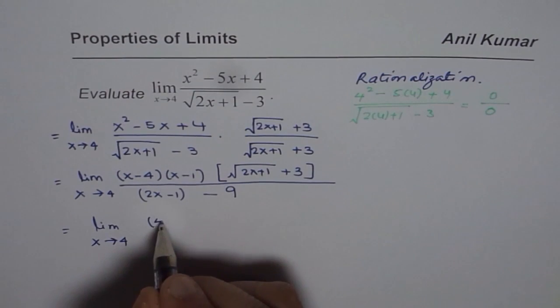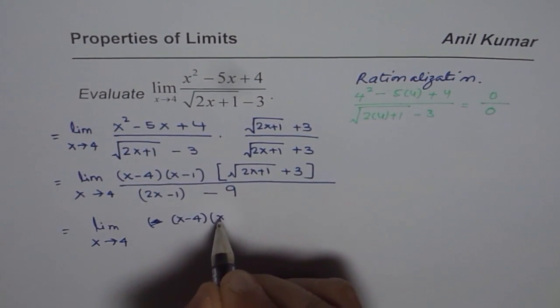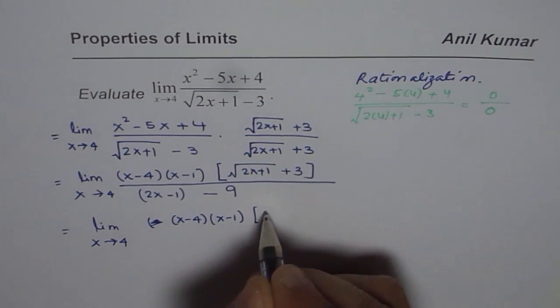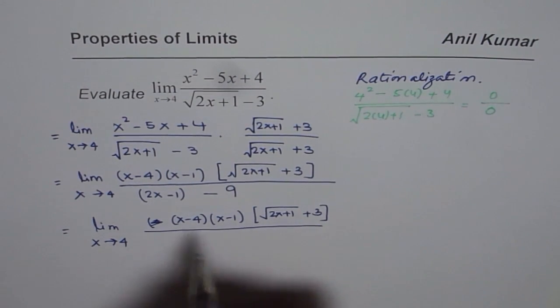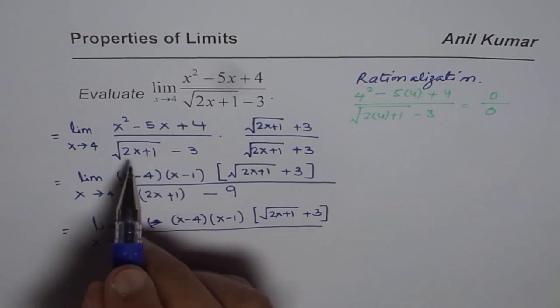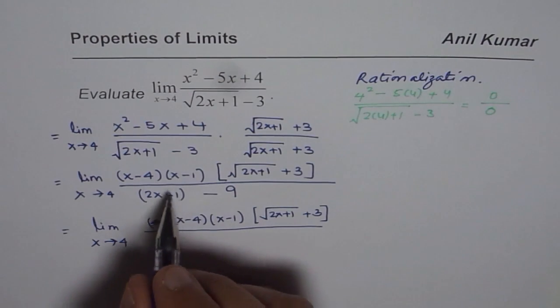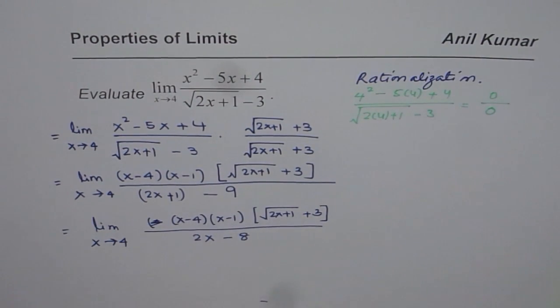The numerator is x minus 4 times x minus 1 times square root of 2x plus 1 plus 3, divided by, now it is 2x plus 1 minus 9, which is 2x minus 8.